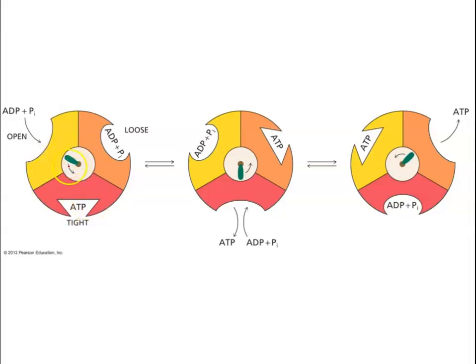That turn of the gamma subunit changes the conformation, and then it's bound tight, and it hydrolyzes this into ATP, and then it turns again, and then it's loose, and then we have ADP and inorganic phosphate. So we can see this thing rotates around, and it changes the conformation, and changes the ability to hydrolyze things and drive that ATP synthesis reaction.